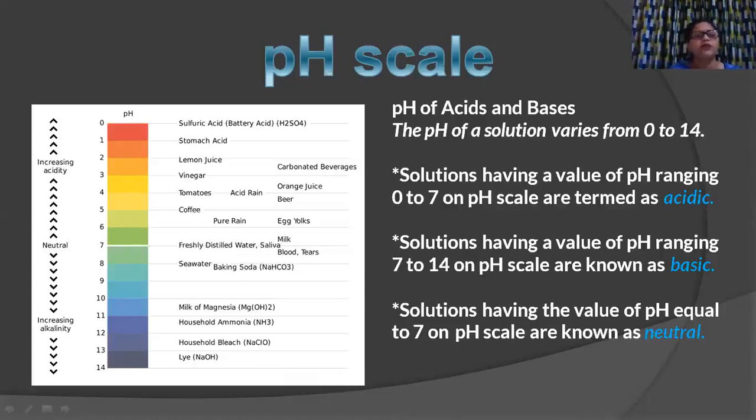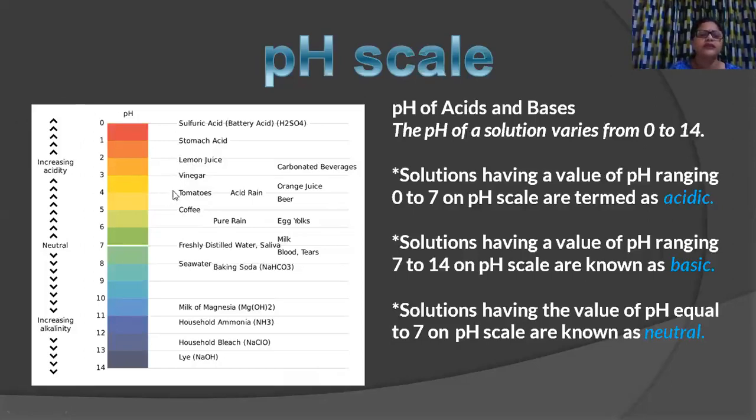Now we can see over here some of the common examples of the different pH values. Sulfuric acid or any battery acid represents the value of 0. Stomach acid, that is HCl, represents the value of 1. Lemon juice, vinegar, they will come in the category of the moderately strong acids, that is between 2 to 3.